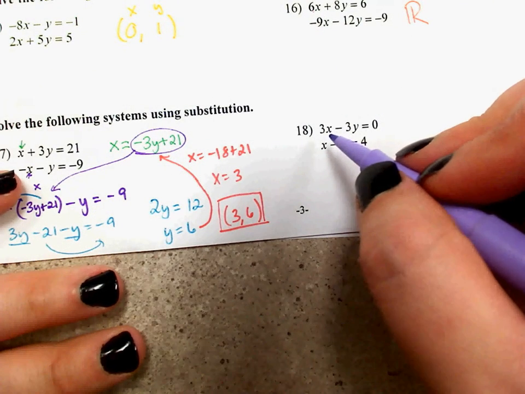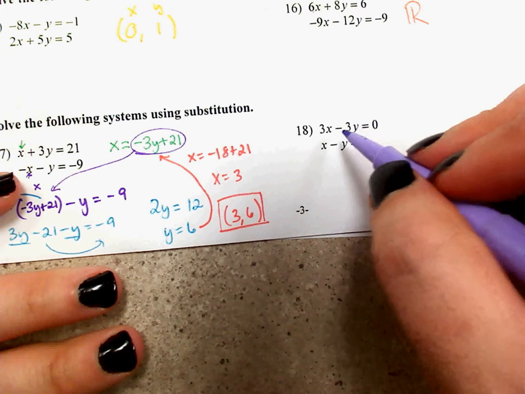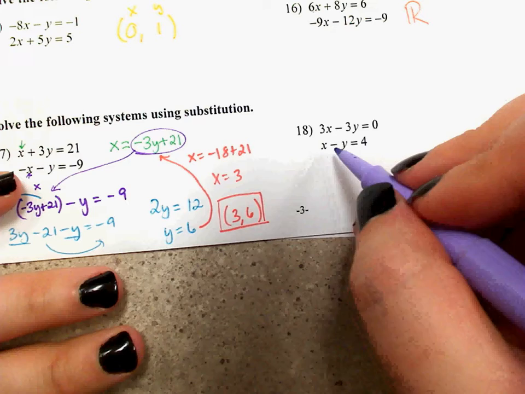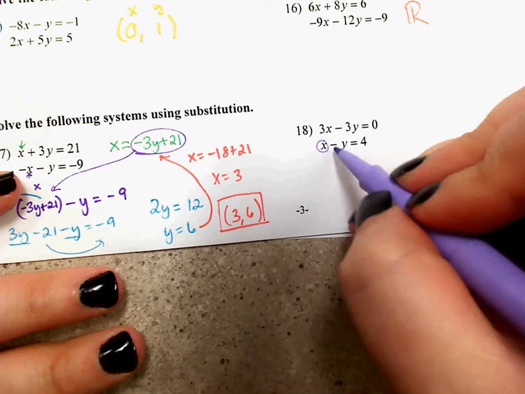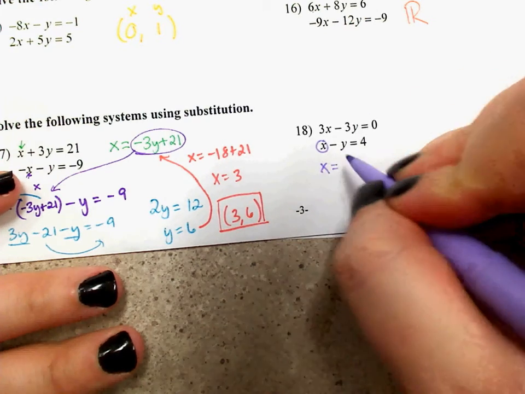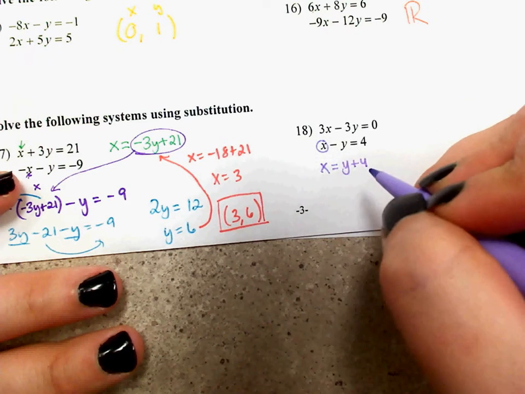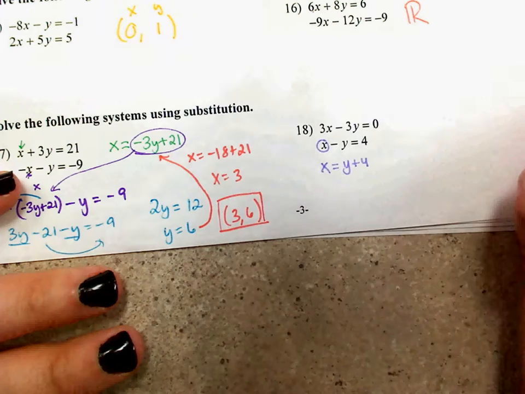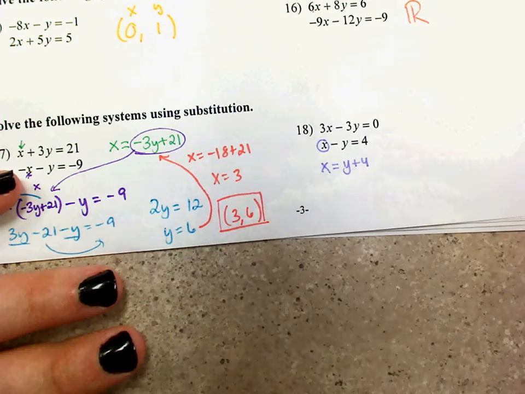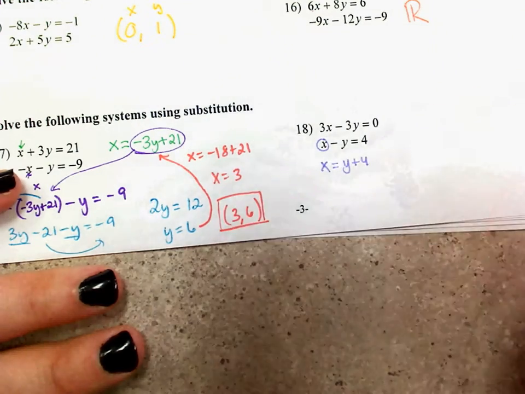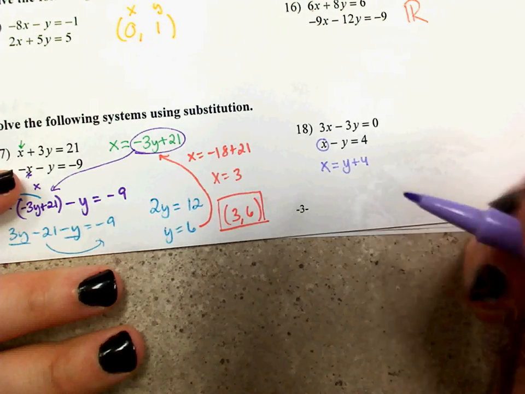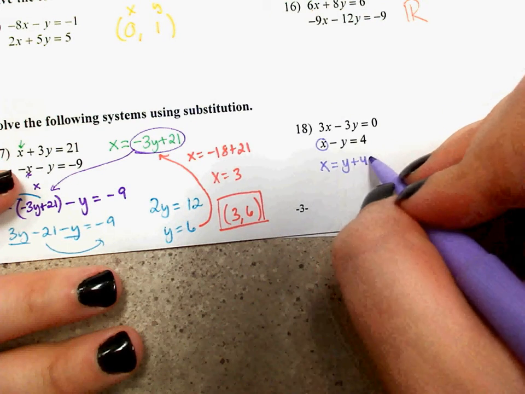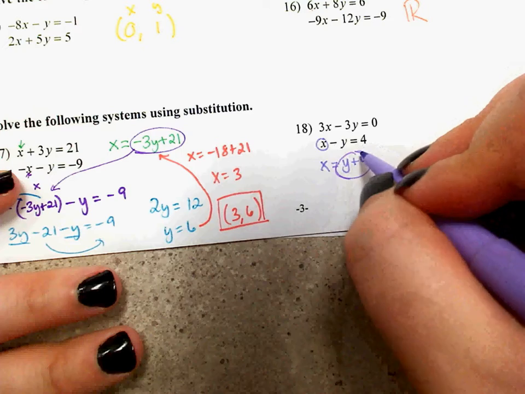In fact, this one looks easiest because all I've got to do is add y. x equals y plus 4. But if you were to solve for x here, all you've got to do is add 3y and divide by 3. You get x equals y. Anyway, if you see that, it makes it pretty easy. So if x equals y plus 4, and I plug that in for x into that equation, then I have 3 times y plus 4 minus 3y equals 0.